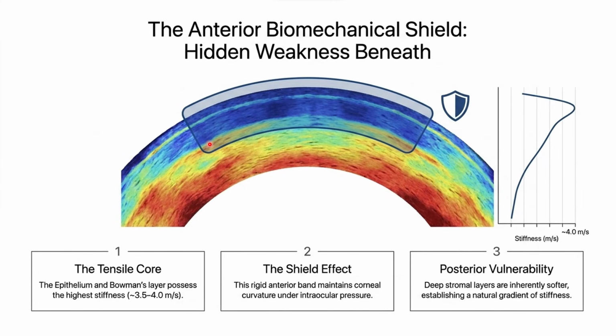Later I will discuss that there is a difference between OCT elastography and the biomechanical properties measured by the Corvis ST. In the Corvis ST, we measure the deformation. When the cornea is exposed to the air puff stimulus, there will be deformation of the cornea like this, and we measure the speed of recovery of the cornea after the deformation.